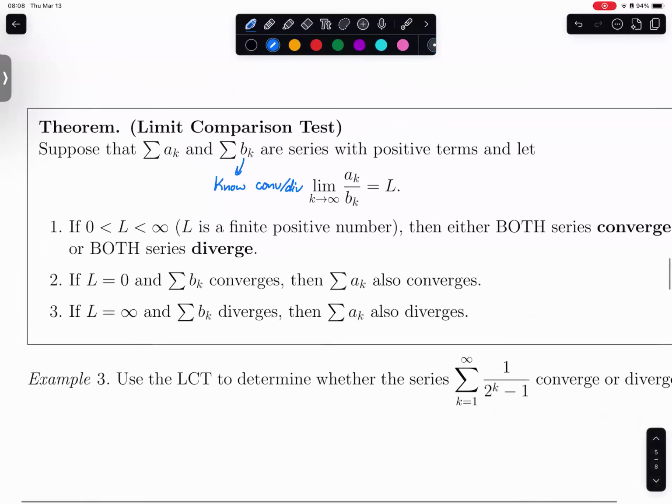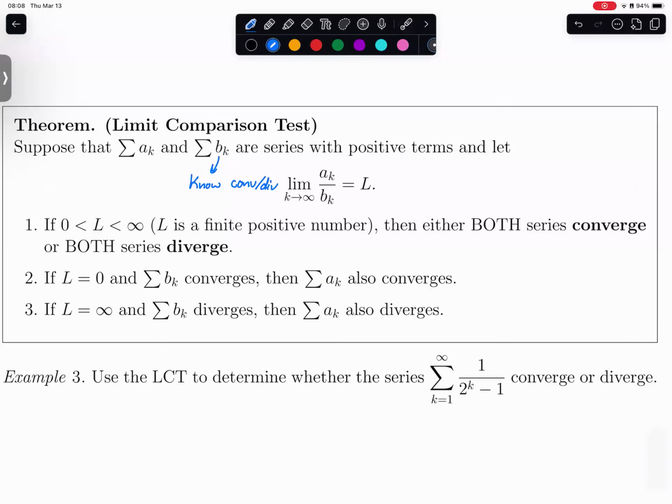So what condition 1 is saying in the limit comparison test is, if I know one series converges or diverges, usually our comparison series, and I get that this limit is positive and finite, then since both series must share the same fate, if I know the convergence or divergence of one of those series, I must also know the convergence or divergence of the other series. So that's how the limit comparison test is used.